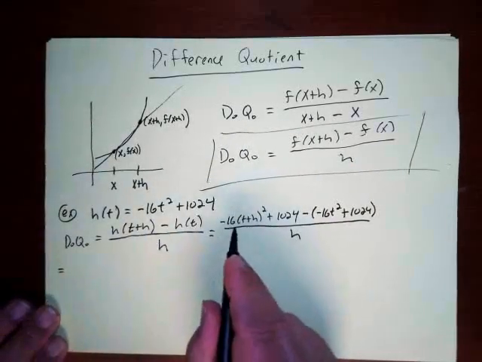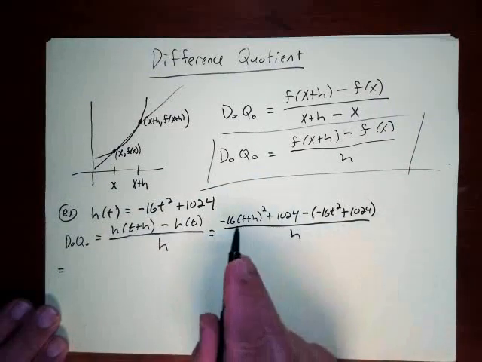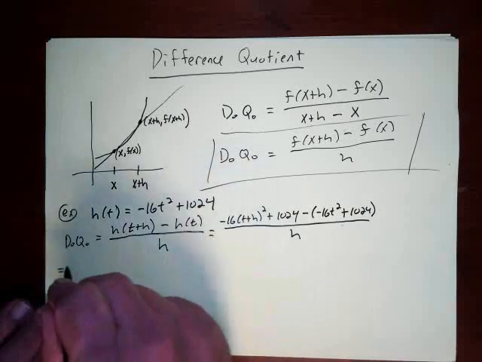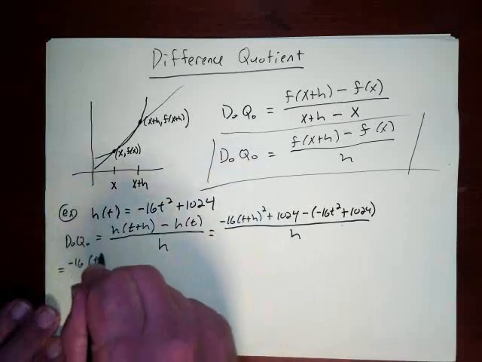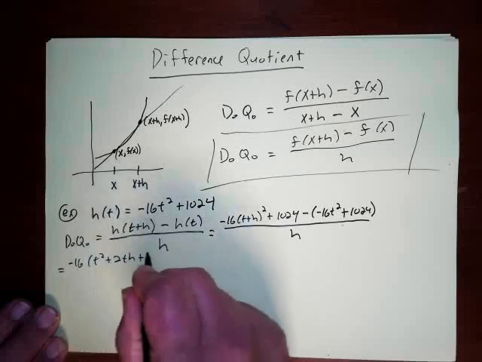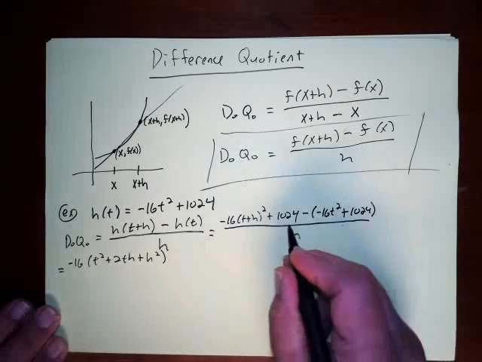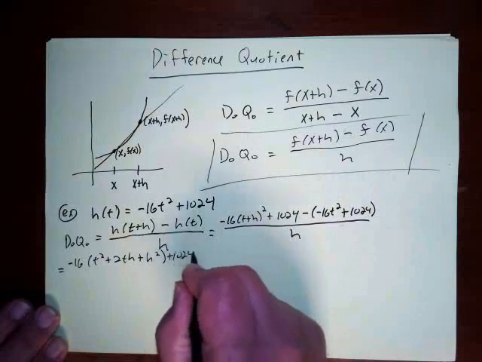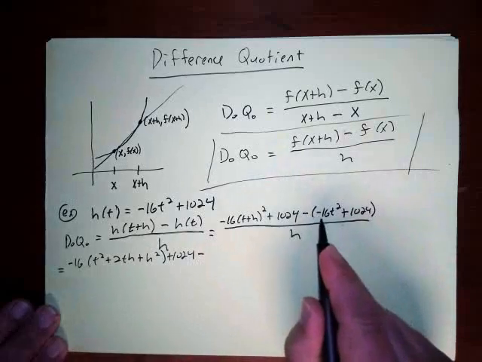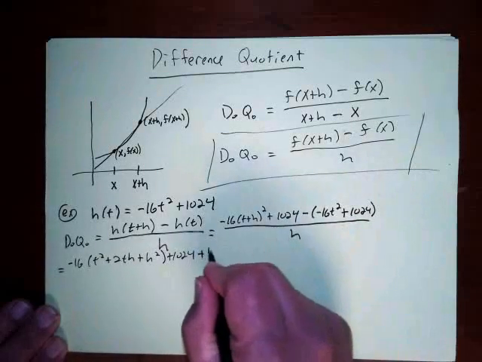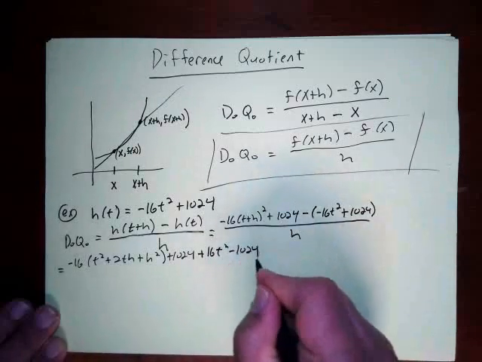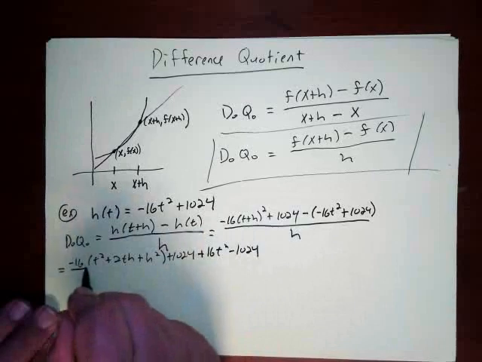Well, I'm going to be able to simplify this here. I can expand the t plus h out by FOILing, and I'll get negative 16 times (t squared plus 2th plus h squared), and then I've got plus 1024, and then I have minus, and what I'm going to do here is distribute the negative sign, so I'll have plus 16 t squared minus 1024. Okay, all of this over h.